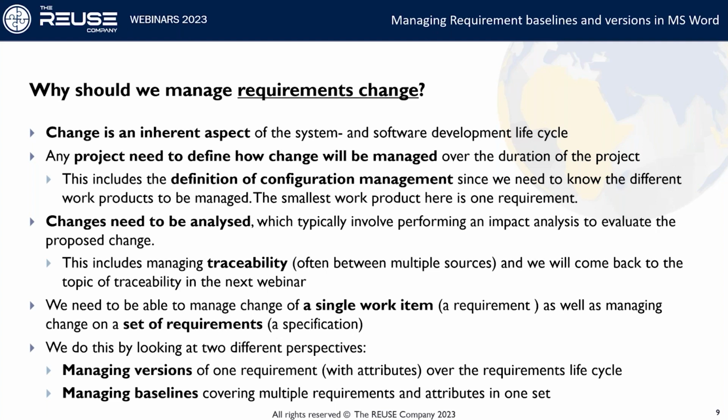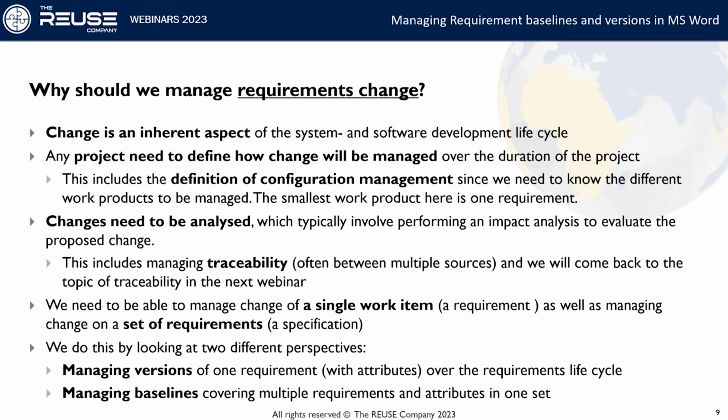So therefore, traceability is of key concern. And that traceability, of course, will happen between multiple sources of work products, and we will come back to traceability when working with Word in a later webinar. But when we look at a single work item, a requirement in this case, we need to manage change in that perspective, as well as a set of requirements, which many times, especially if we work with Word, can be called a specification.